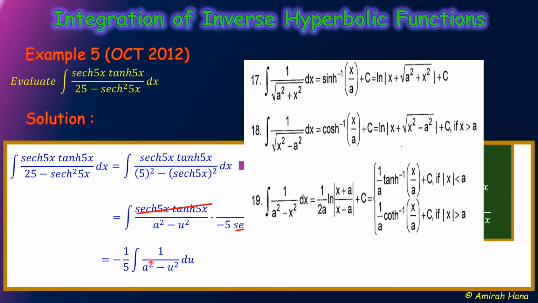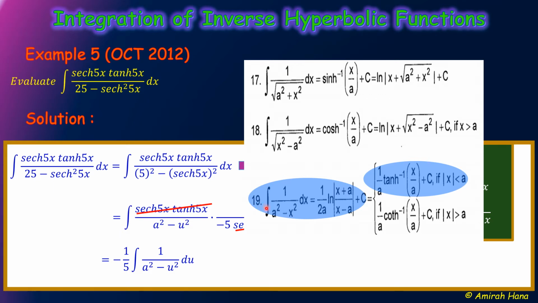After that, we can refer to the appendix. It is similar to appendix number 19, the integration of 1 over a squared minus x squared with no square root. This one has no square root, that's why we compare with formula number 19.